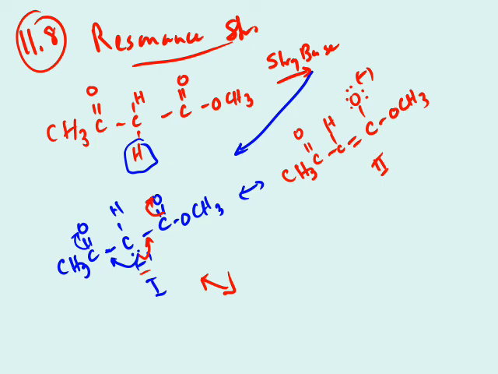So that would give rise to the third resonance structure. It's going to look like this. CH3, CO minus, then you'd have a double bond here, CH, this is minus here, and you'd have C double bond O, CH3.